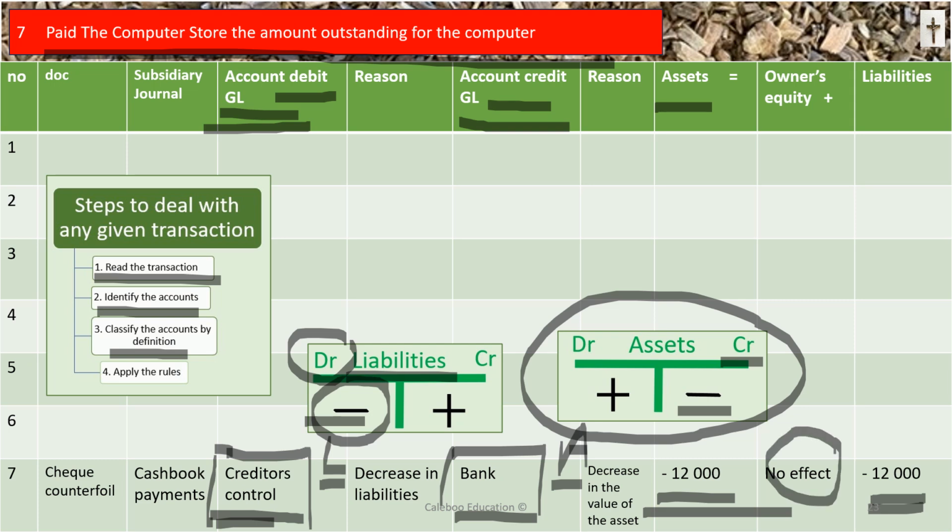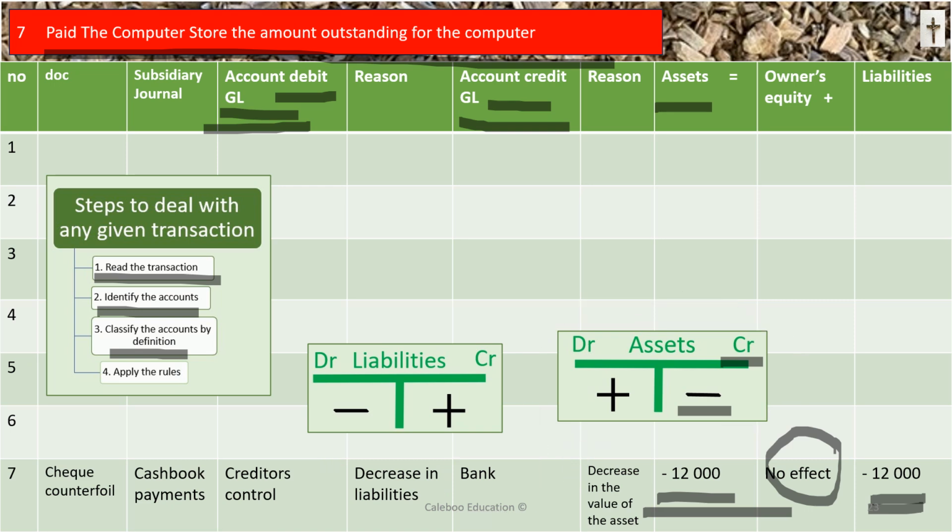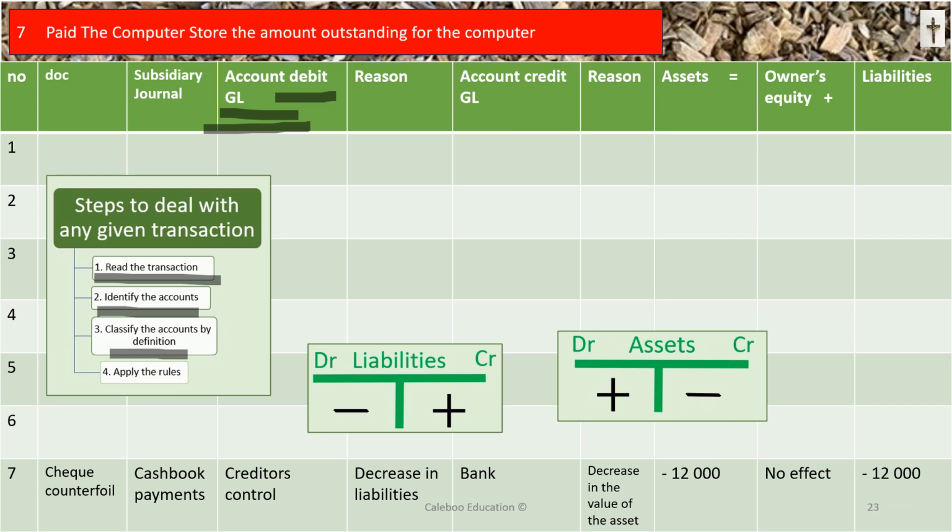Under owner's equity, there is no effect. So there we have it. There's the 7th transaction: paid a creditor, the computer store, the amount that we owed them for the purchase of the computer. There's the solution.